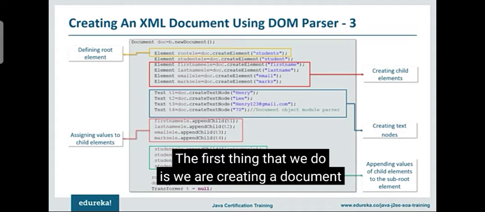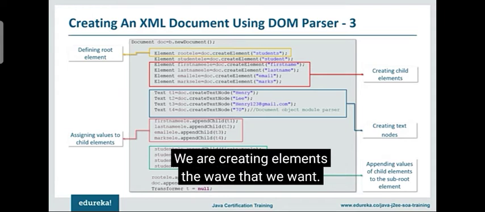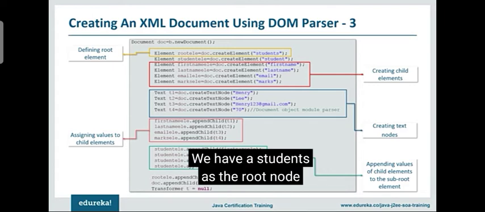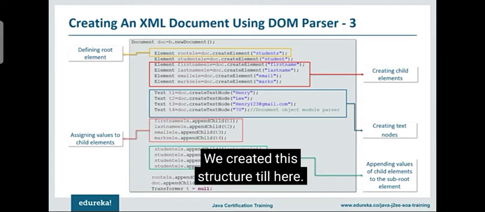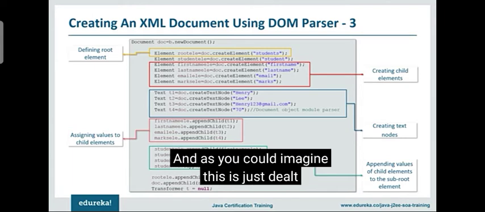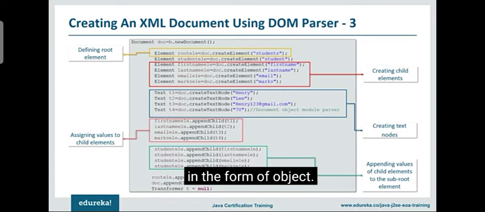The first thing that we do is create a document, and using the document, we create elements the way that we want. In this case, we have students as a root node, and within students, you have student, and within student, you have first name, last name, email ID, and marks. We created the structure till here. And as you could imagine, this is just dealt in the form of objects, which is stored in doc.